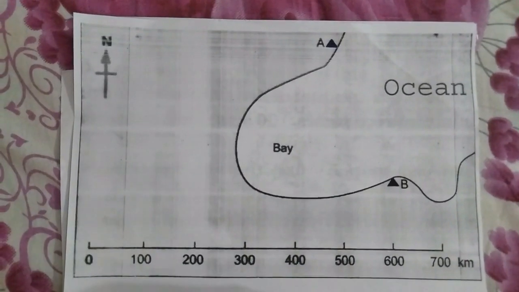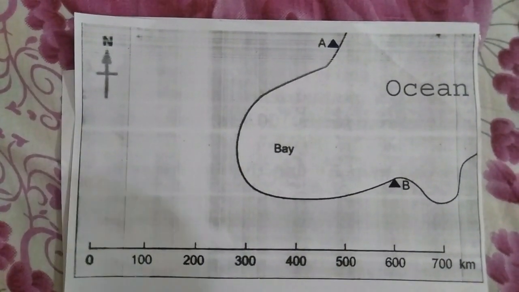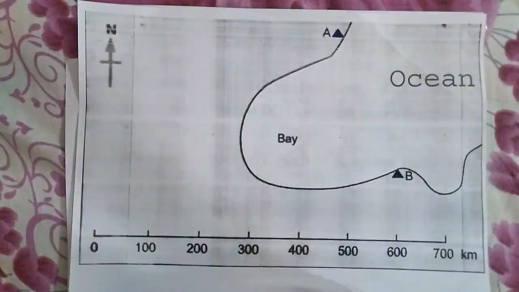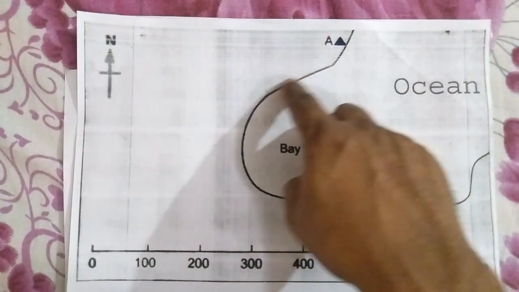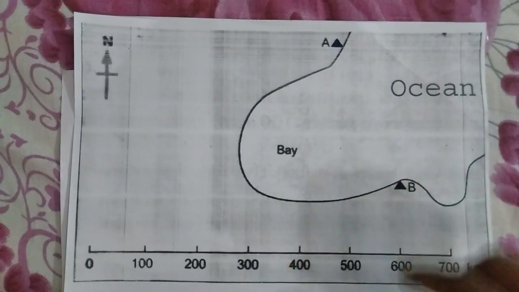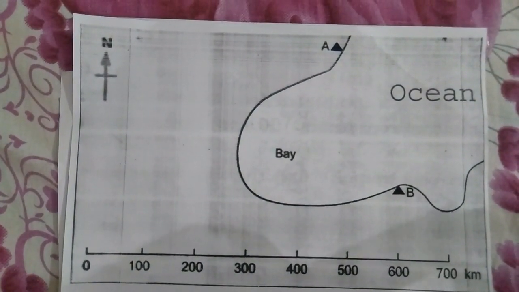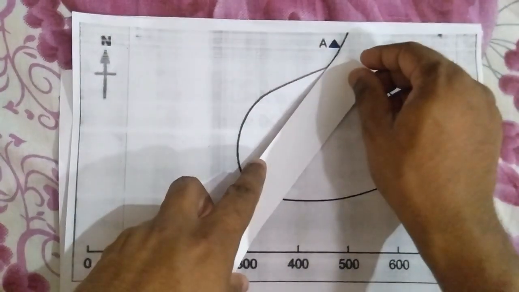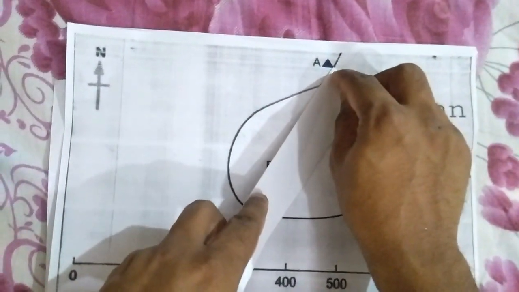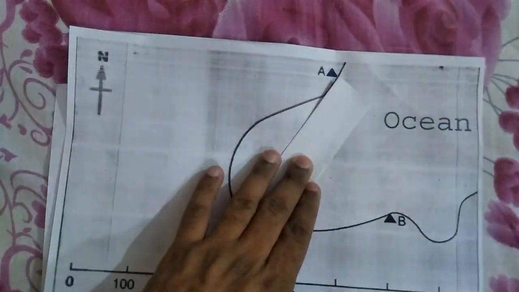Before that you have to understand one thing. Here you will find a curve, and you have to keep the paper strip along this curve. You have to start from point A.